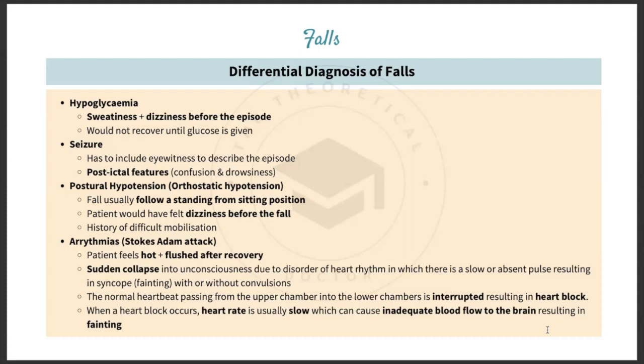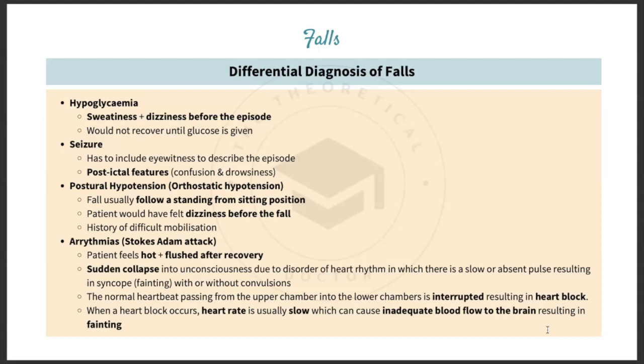And when the heart block occurs, usually the heart rate will slow down. And when the heart rate slows down, it will cause inadequate blood flow to the brain. And when there is inadequate blood flow to the brain, physiologically, the body will want to cause more blood flow to the brain, because our brain needs blood.